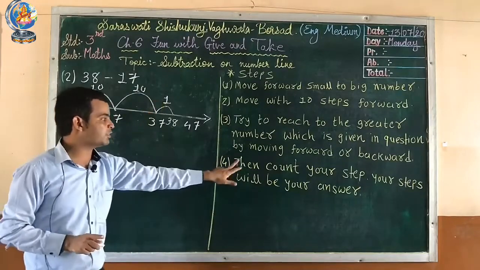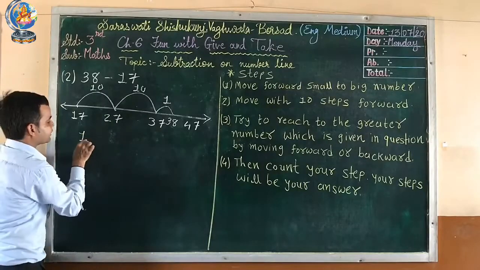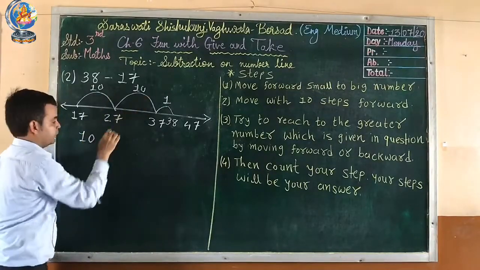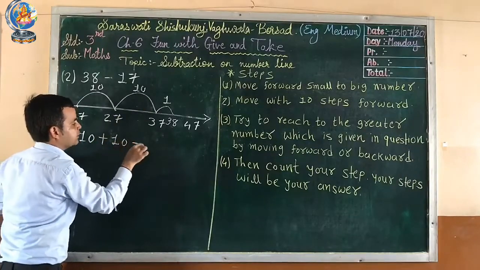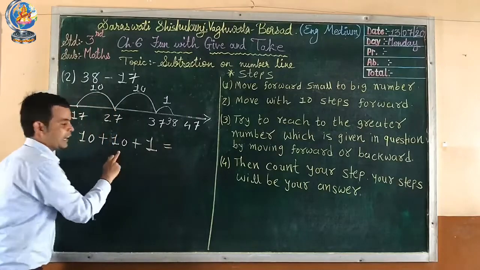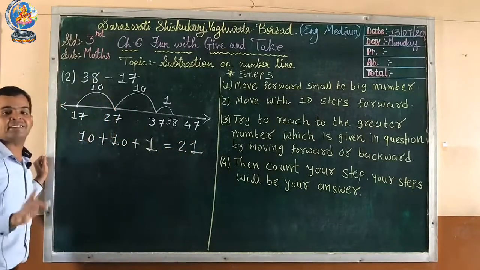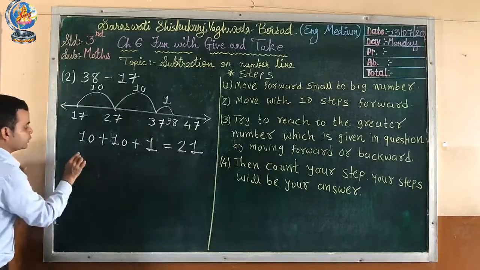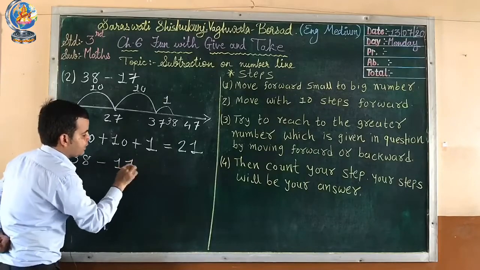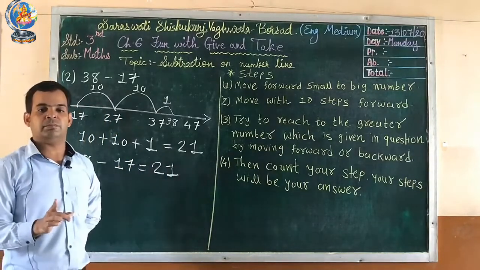This is our fourth step: count your steps. So we calculate our steps: 10 plus 10 plus 1, which is 21. So our answer is 21. How can we write it? 38 minus 17 is equal to 21. Understood about this sum?